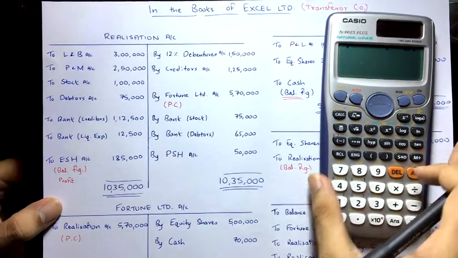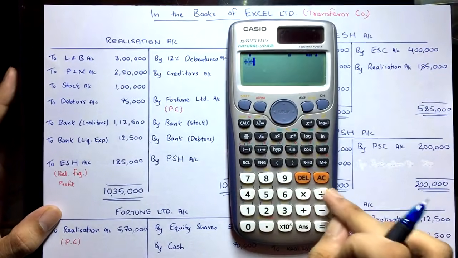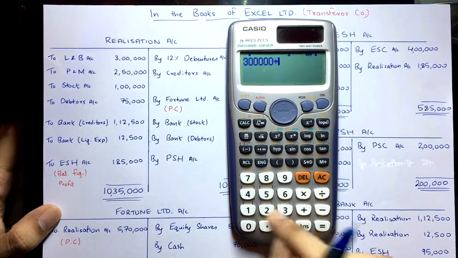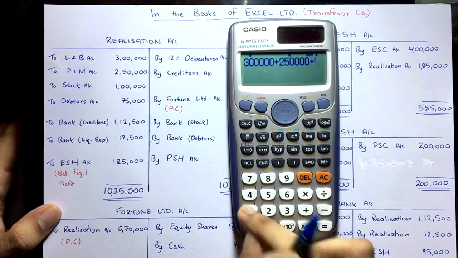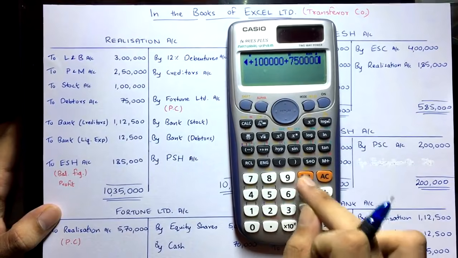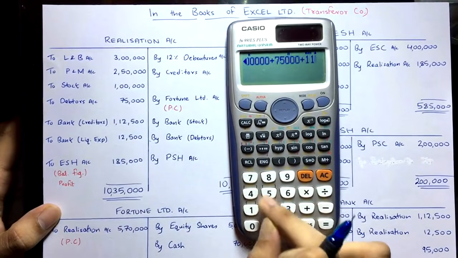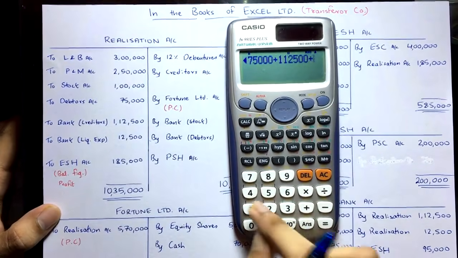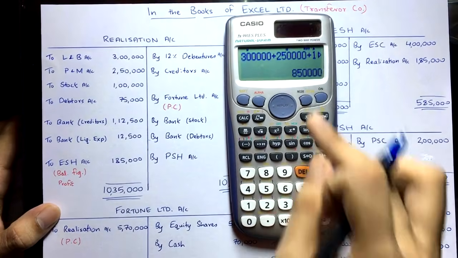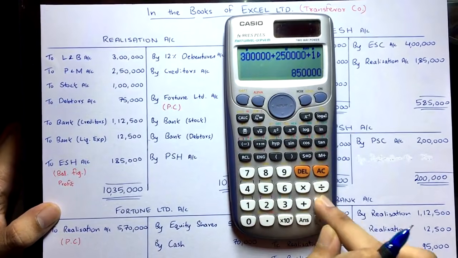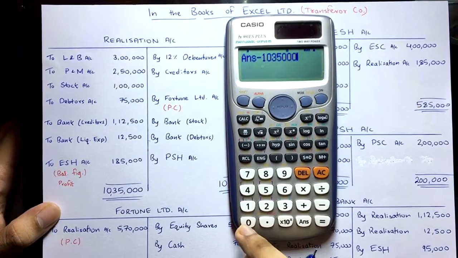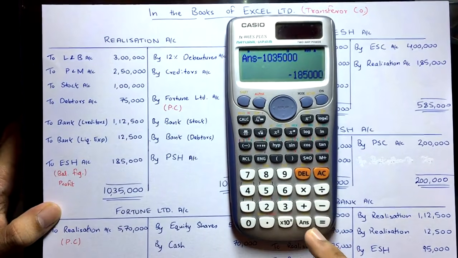Now just balance it and add up all of this. 3 lakh plus 2,50,000 plus 1 lakh plus 75,000 plus 1,12,500 plus 12,500, that's it. So that comes out to be 8,50,000. 8,50,000 minus 10,35,000 comes out to be 185.